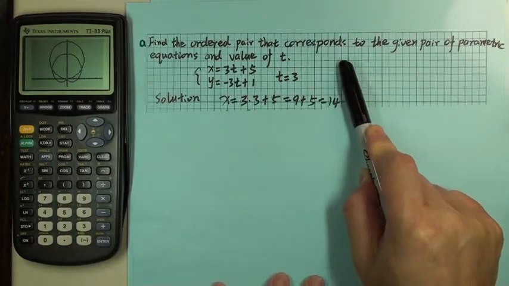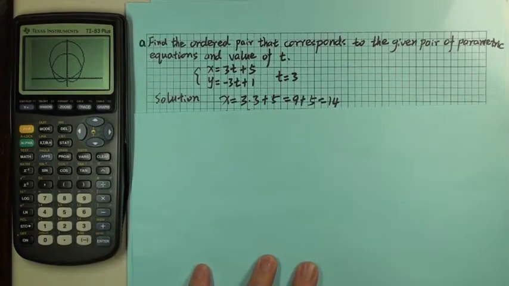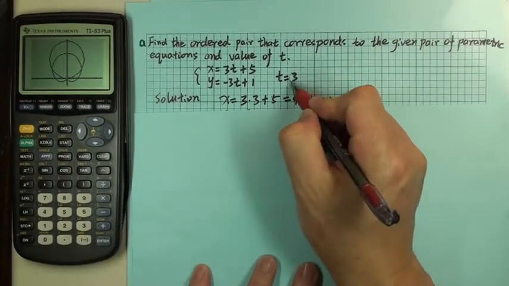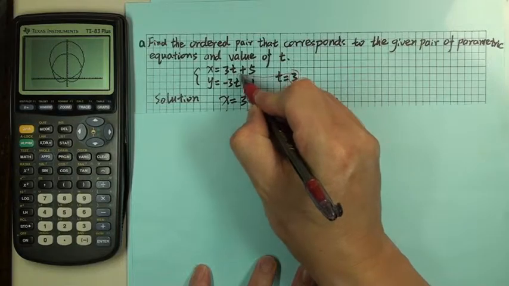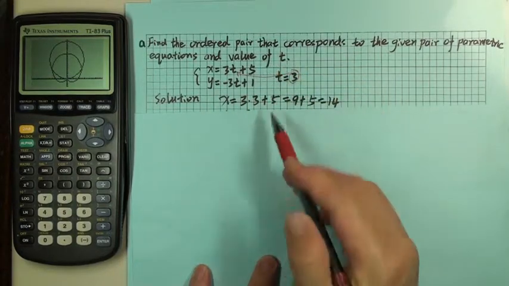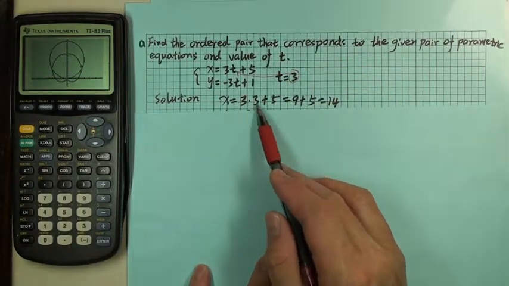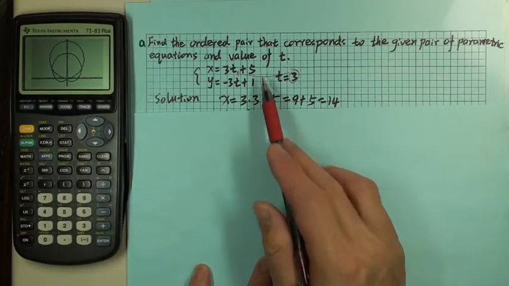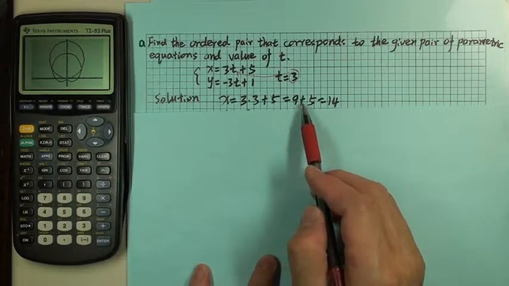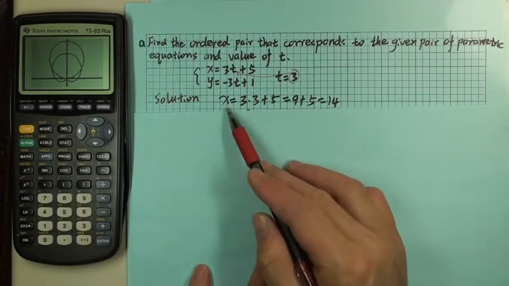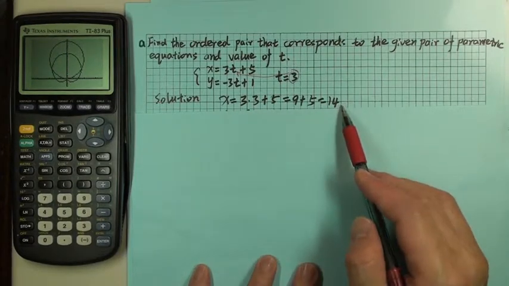So you see right down here, if we plug in this 3 into here, what we get will be x equals 3 times 3 plus 5. That's 9 plus 5, which is 14. So we'll have an x.